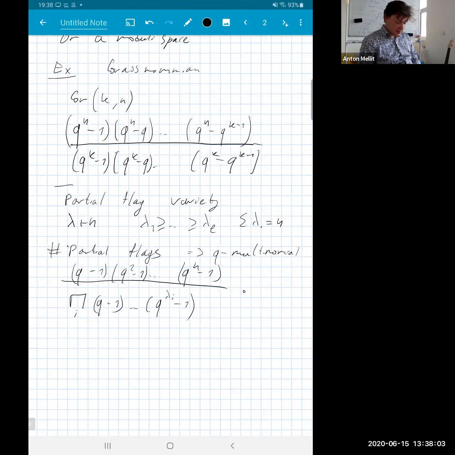And here I will want to demonstrate the power of symmetric functions. So let's assemble all this information into one big symmetric function. Usually we count something for each partition lambda.